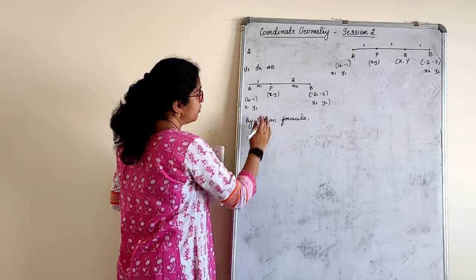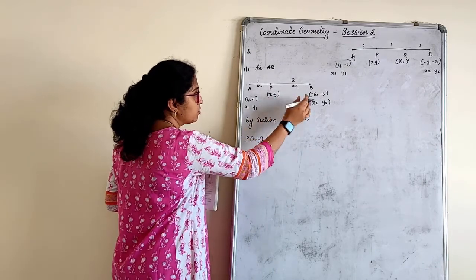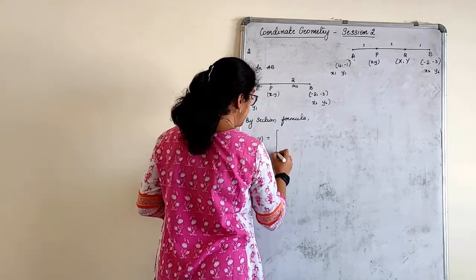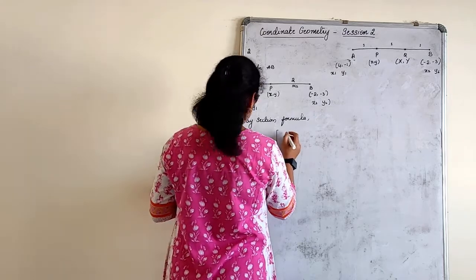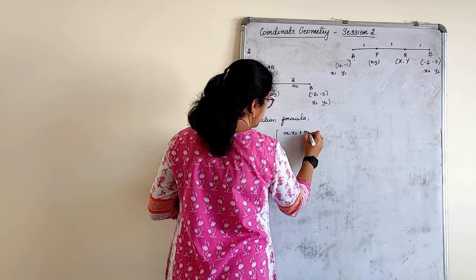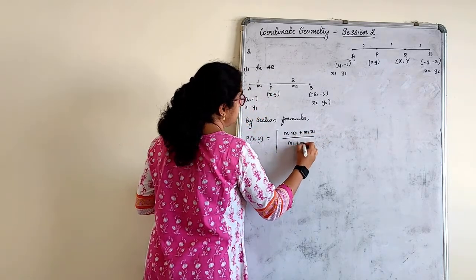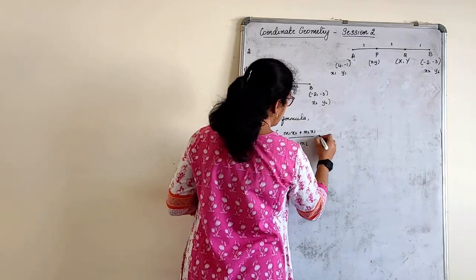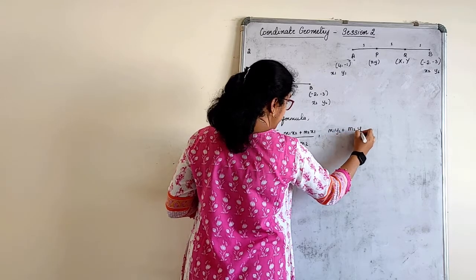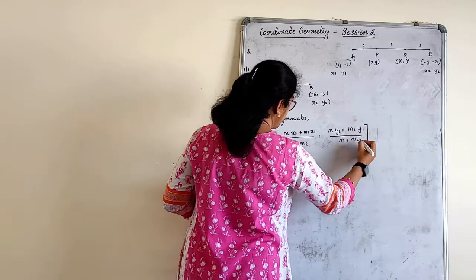By the section formula, coordinates of P, x comma y. That is why we use a comma in the formula, because it is a coordinate, x and y, that we are finding. So the formula is (m1x2 plus m2x1) divided by (m1 plus m2), comma, (m1y2 plus m2y1) divided by (m1 plus m2).